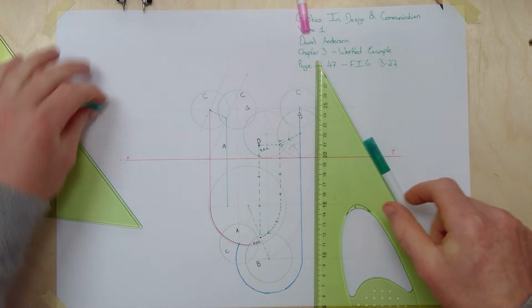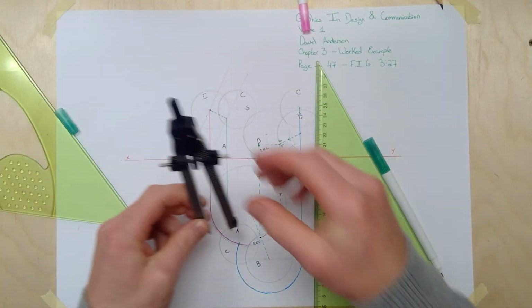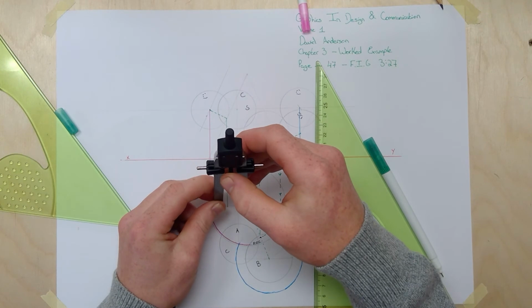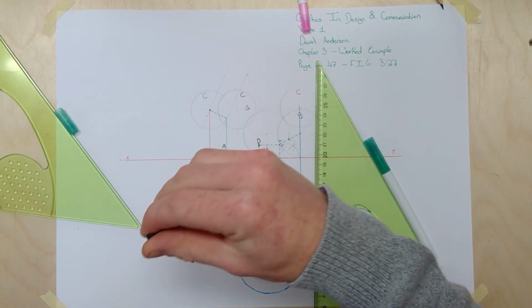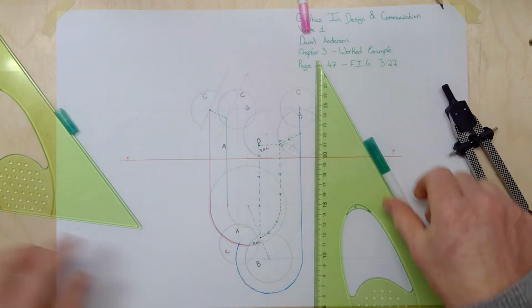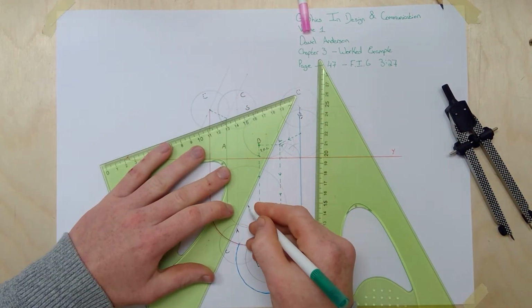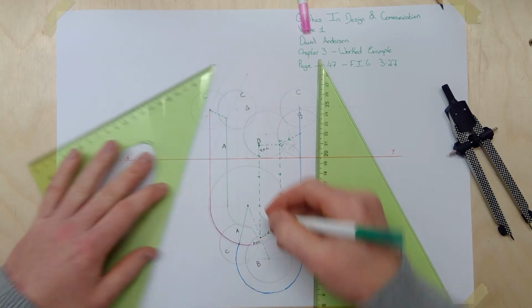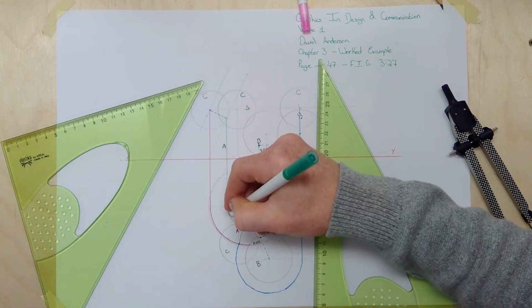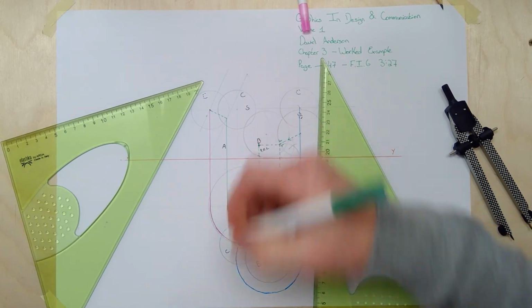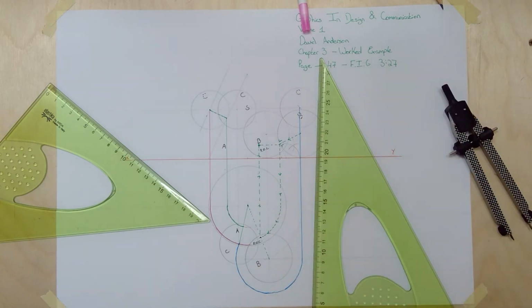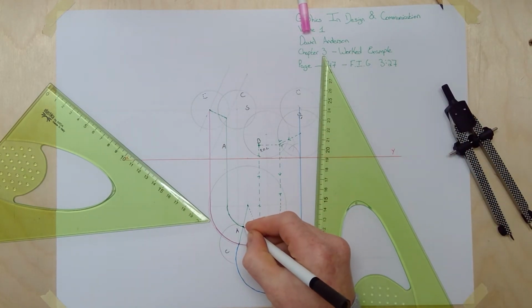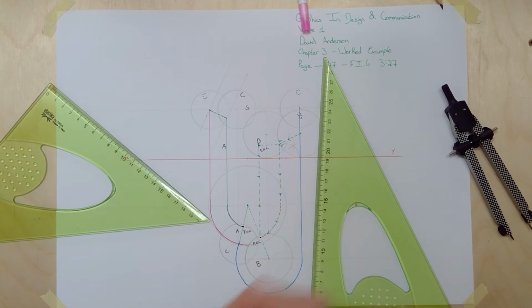We can rotate that around. And it's going to be on the line drawn from the center here to the center there. So that there now, point of contact.